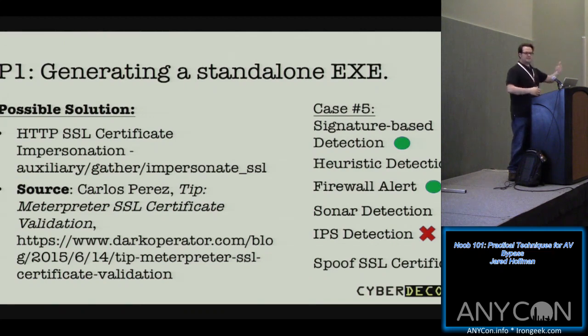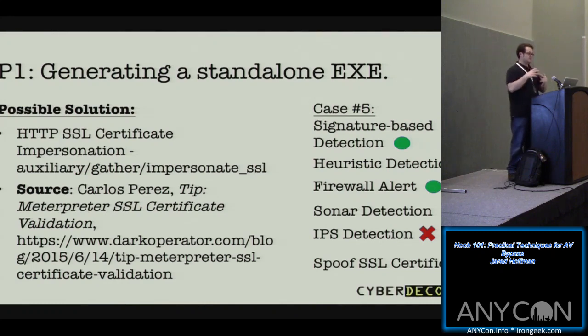There must be an attribute in that certificate that it looks for, maybe some random string, and it flagged on that. So what I found was leveraging this module in Metasploit, impersonate_ssl. It makes a self-signed copy of a legitimate cert, basically taking the information from that. This gives me the unique certificate I needed to get around this IPS alert.